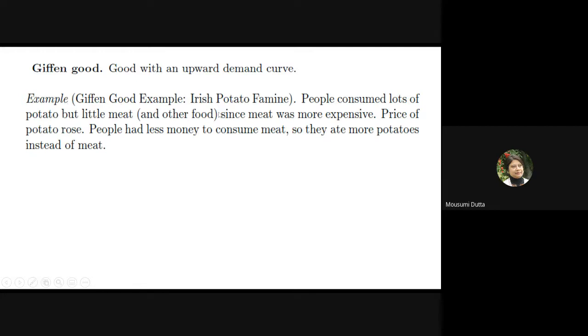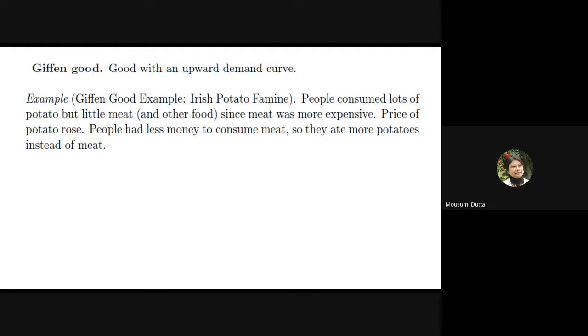Actually, the concept of Giffen good came in our analysis from the famous Irish potato famine. During this famine, potato is the basic food item in Ireland, so people started to buy more and more potato, because that is the basic item they need.